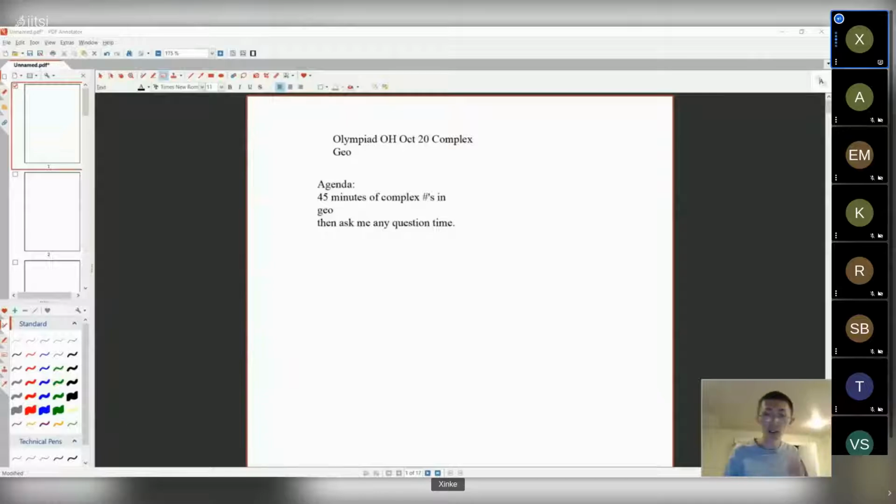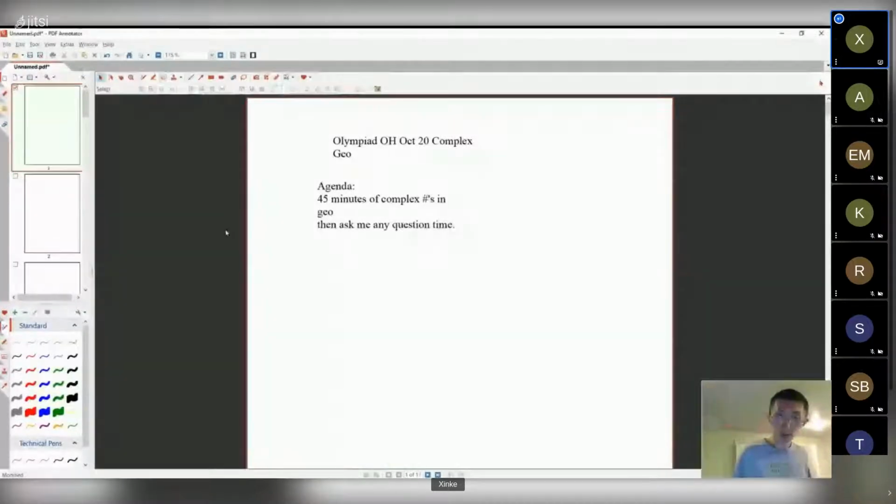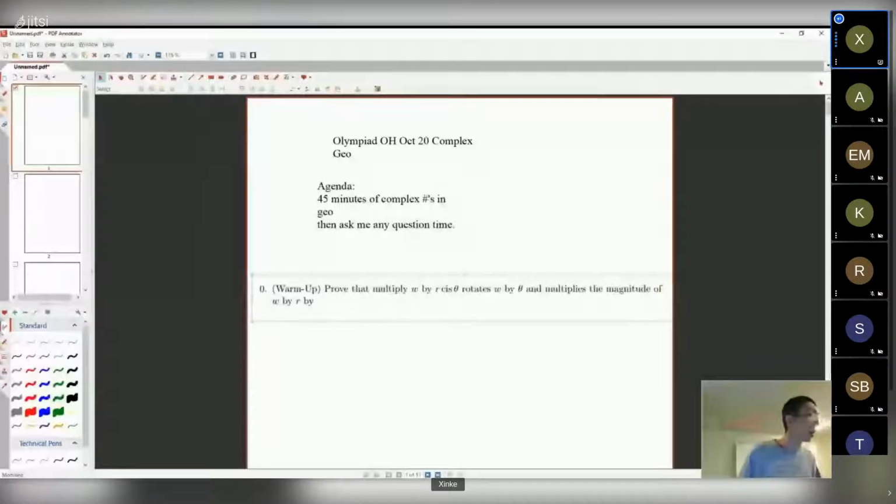Okay, so we'll get started. Okay, so yeah, I think you can double click my screen to make it larger, probably, since I'm sharing. Yeah, that's fine.